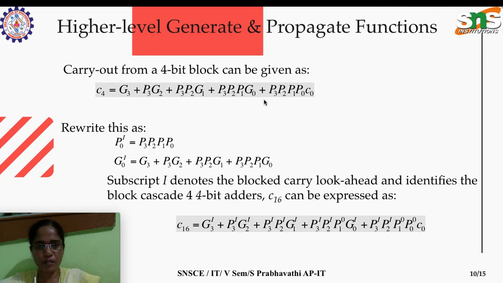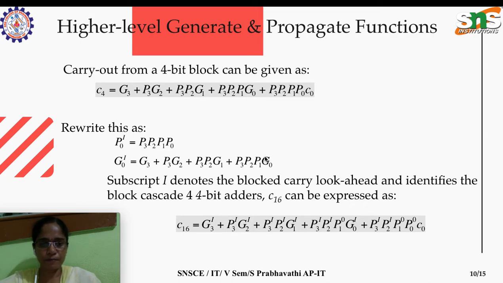So this is P subscript I, where I denotes the blocked carry look ahead, a blocked cascading of carry look ahead adders. Here we are rewriting this equation as P0 of I is equal to P3 P2 P1 and P0. Similarly G0 of I, where I indicates the blocked carry look ahead adder, is equal to this one.